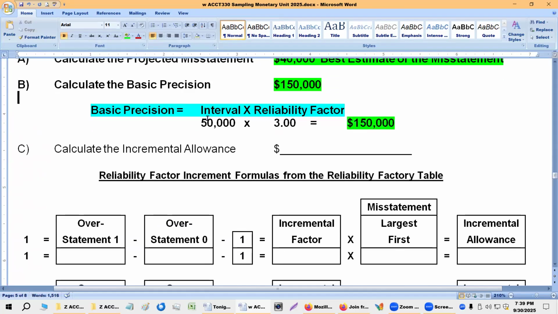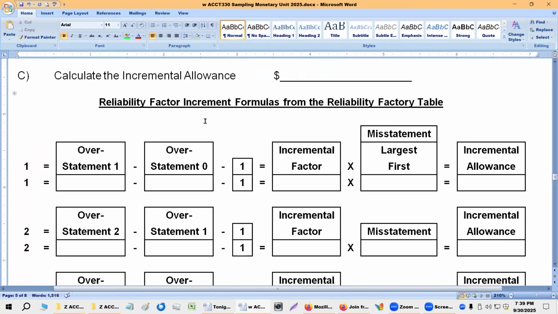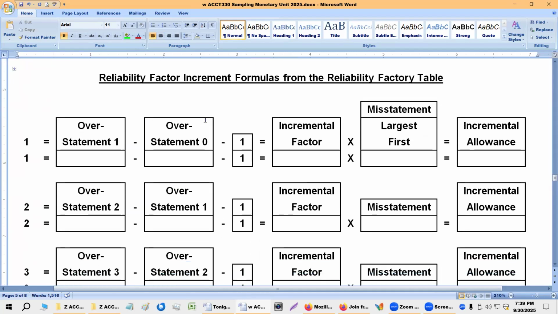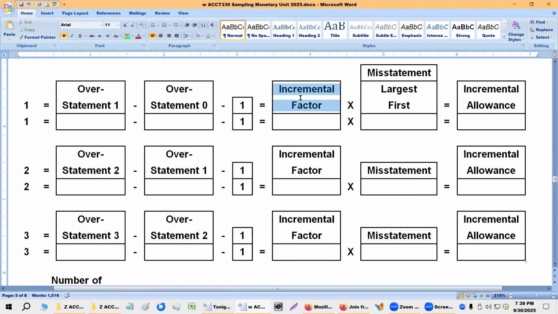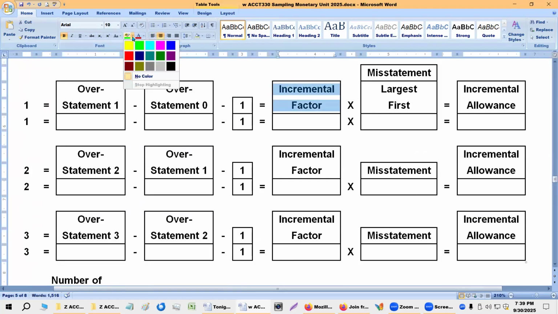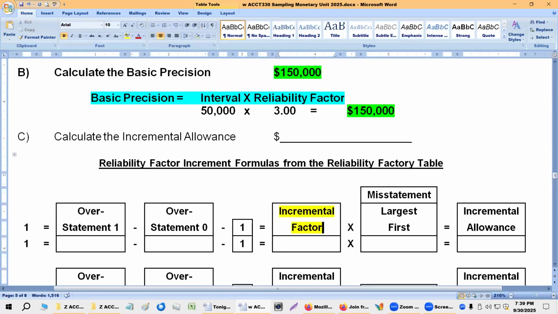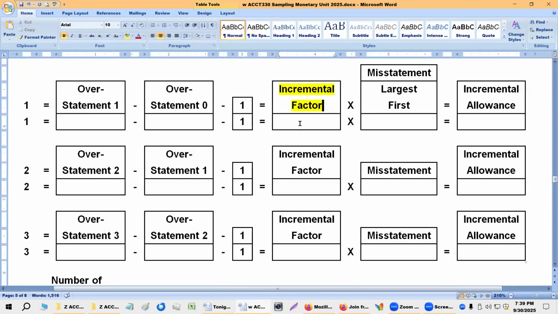Okay, now for the one I hate going through the most. The incremental allowance. And this incremental factor is the one that I don't like doing. I don't like it so much I'm going to cry. All right.